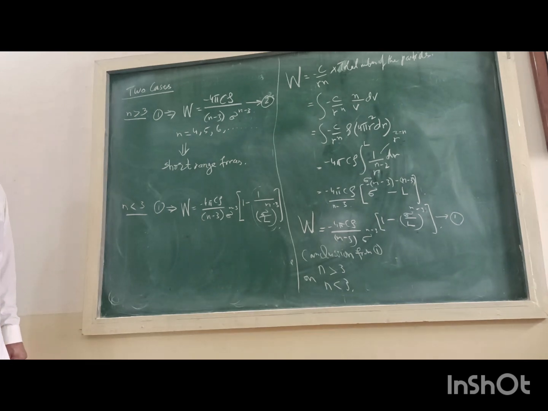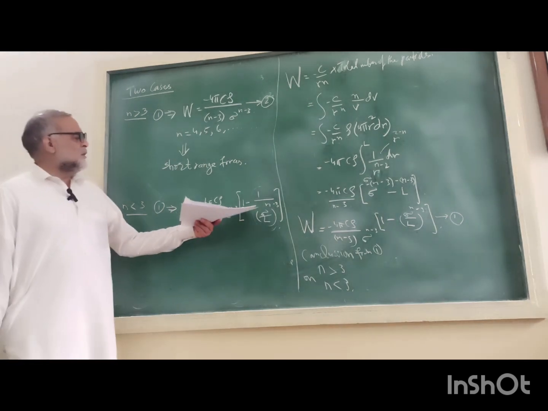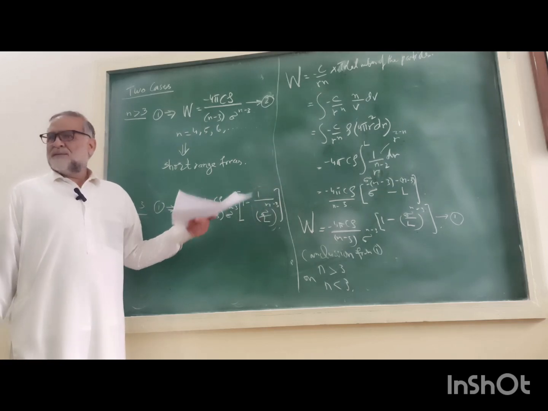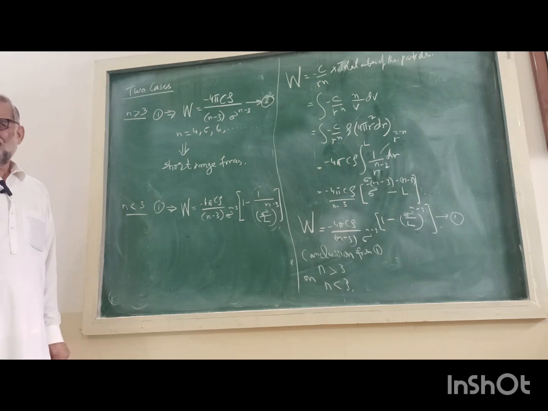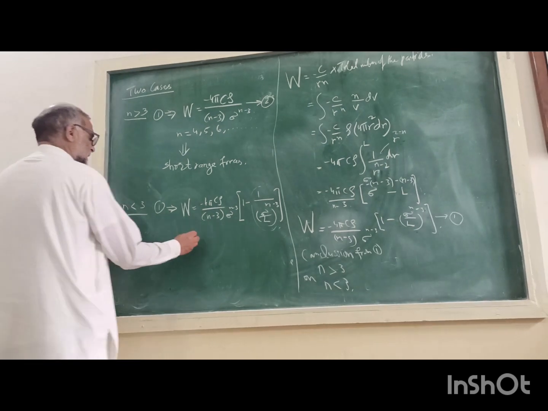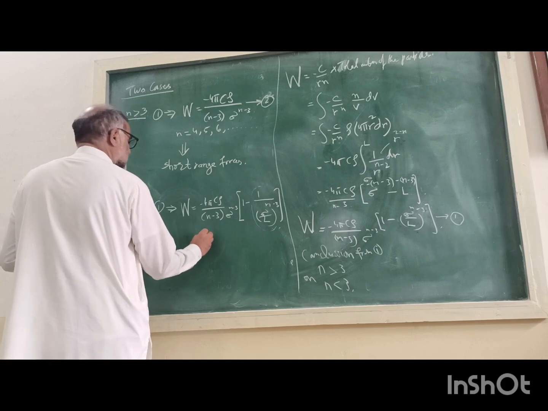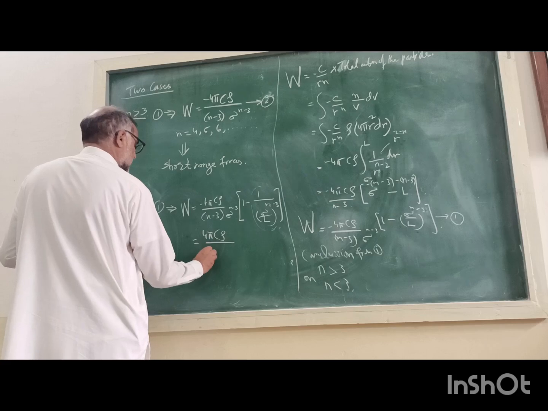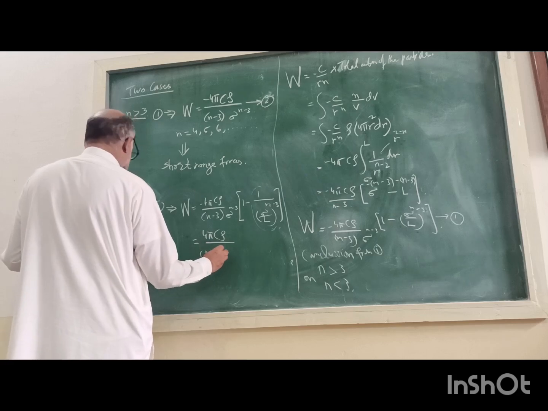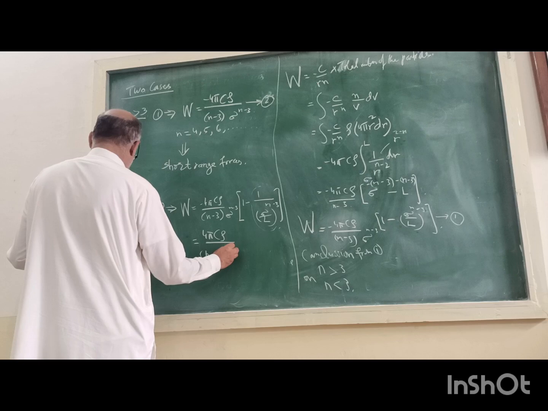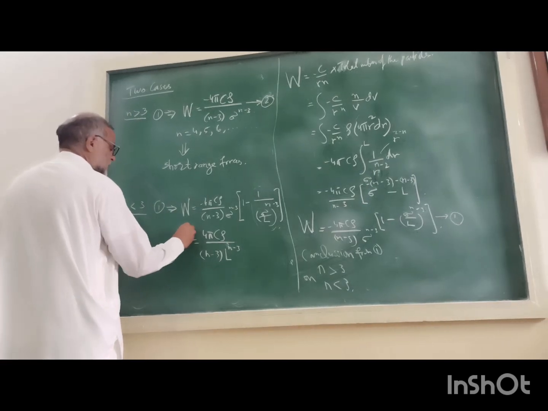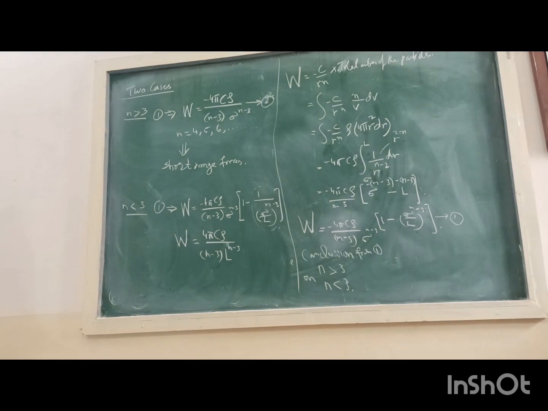When we compare 1 and this thing, this is very big and 1 is very small. So we neglect 1 then. So we can write it like C rho over n minus 3, and that is the approximate form of the energy equation.